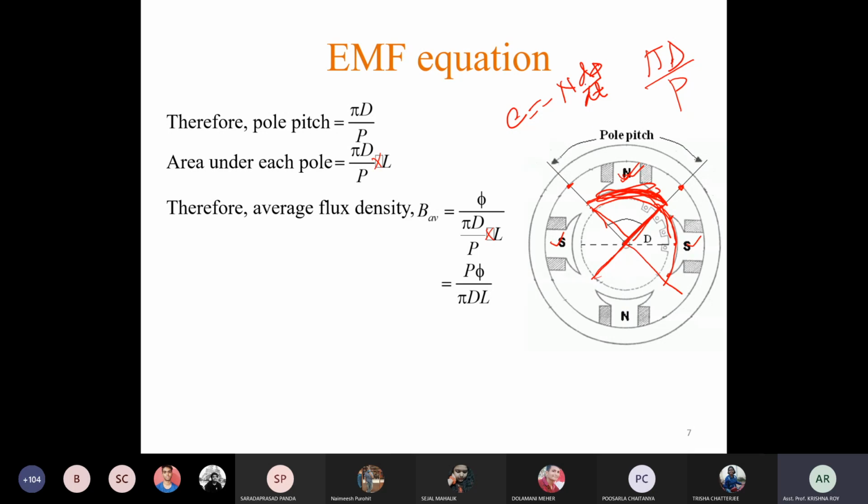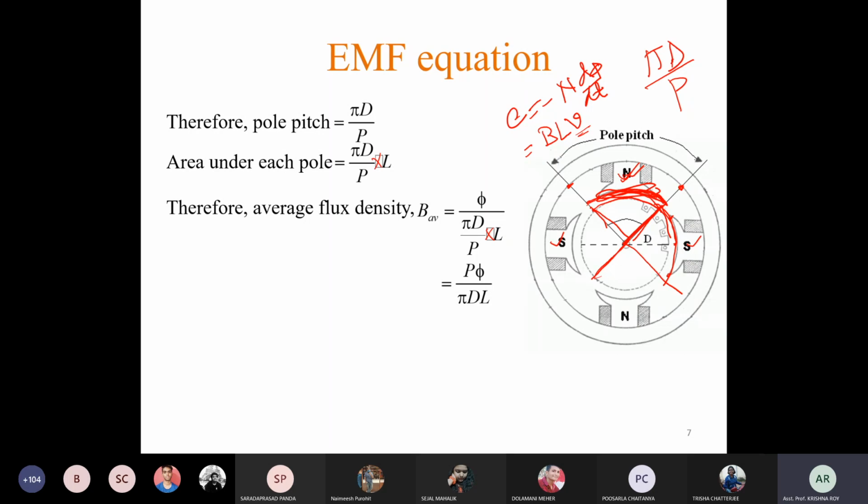The modified version of this formula is B L V. Here the flux is constant, the variable is the velocity, that is the position of the conductor. So we are going to apply this BLV formula. B average we have calculated, L we know is the length of the rotor, V we have to define.